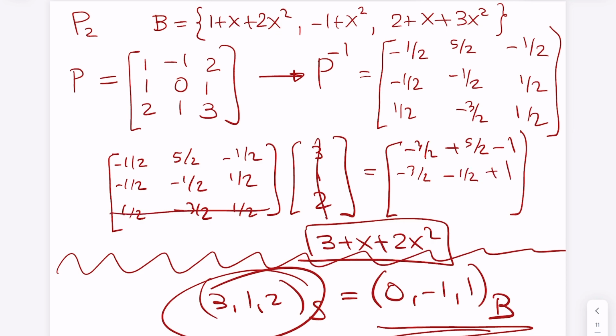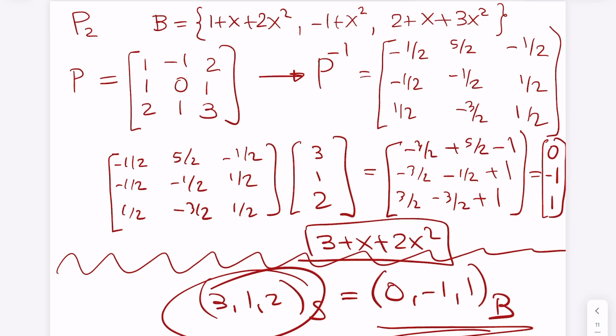And this times this is going to be 3 half minus 3 half plus 1. Okay, so let's do these operations. The result here is 5 half minus 3 half is 2 half, which is 1, minus 1, 0. And then 3 minus 1 is minus 4 half, which is minus 2, plus 1, minus 1. And 3 half minus 3 half is 0, plus 1, 1.